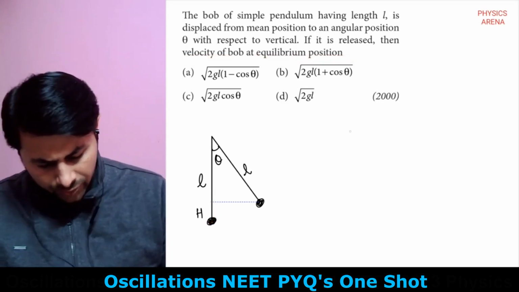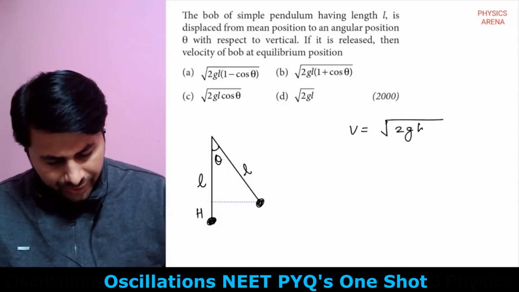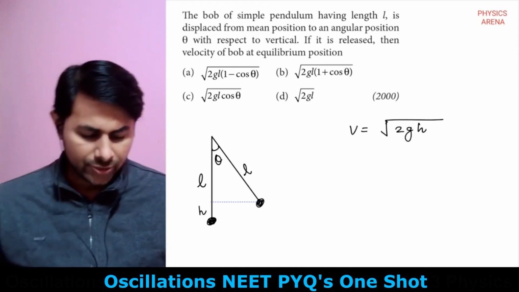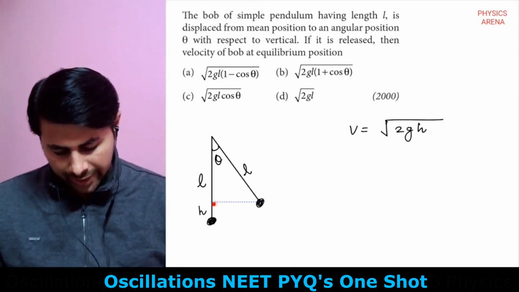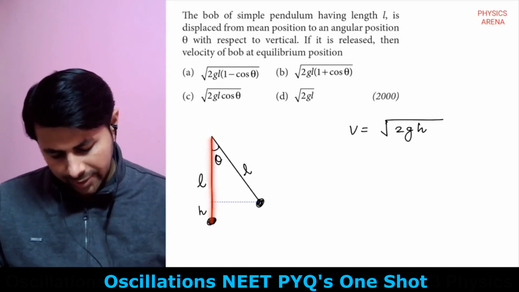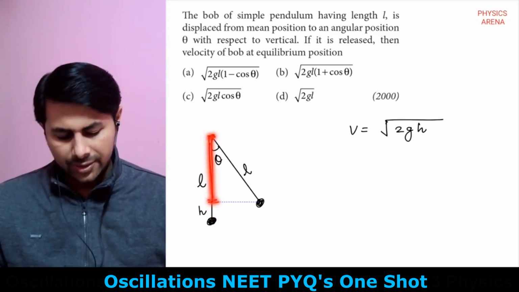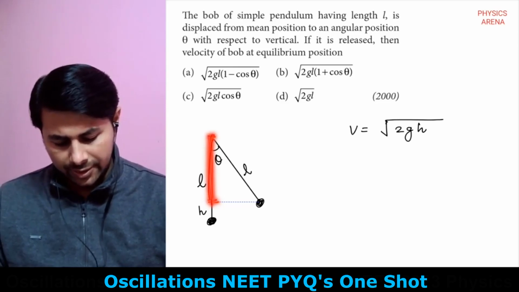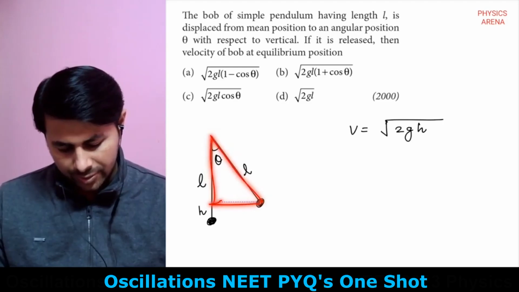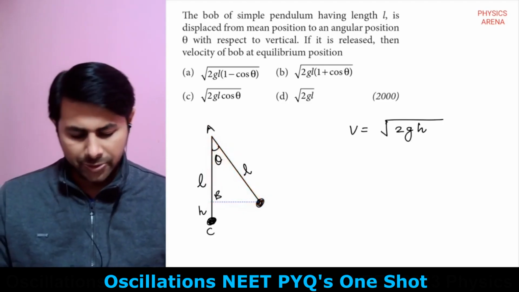So you have to find this height. Velocity equals square root of 2gh. Let's use small h only. So how much would be this h? It is this much length minus this much length. How much is this length? If you think about this triangle, let's call this A, this point B, and this is C, suppose.